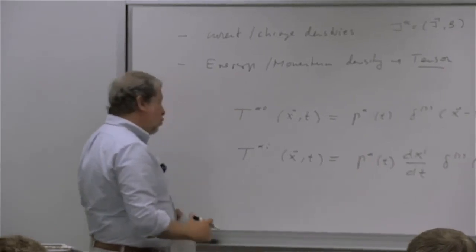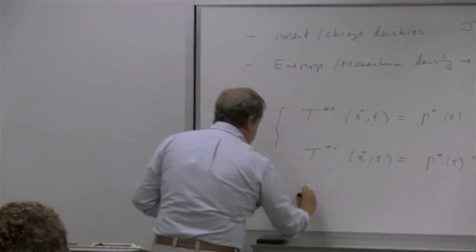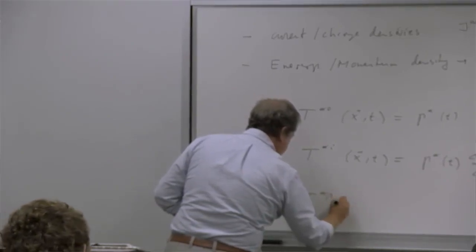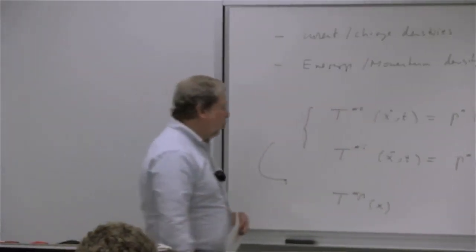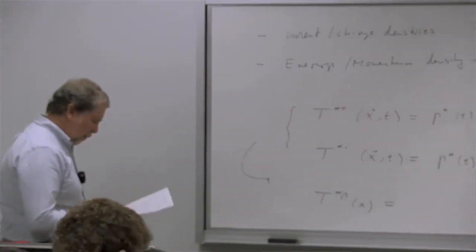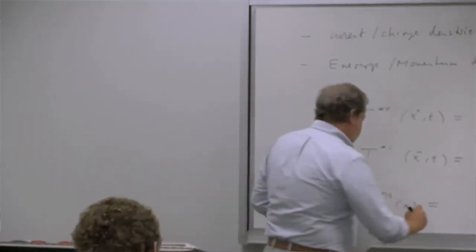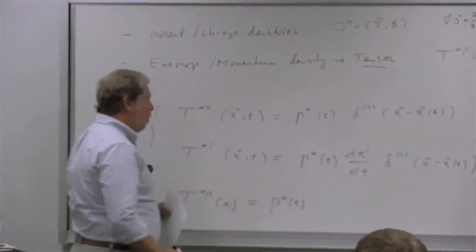All right, well, if this is true, then we can group these things together and make one bold step and define T alpha beta of x to be a single expression which combines all of those together. And so that would be, again, P alpha of t for the first term.